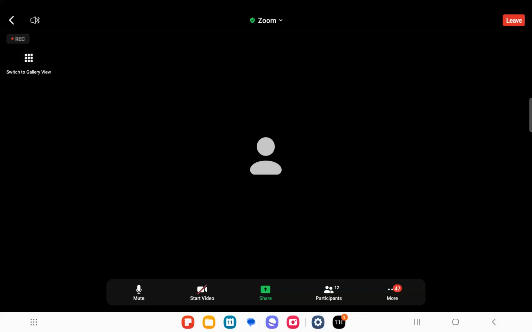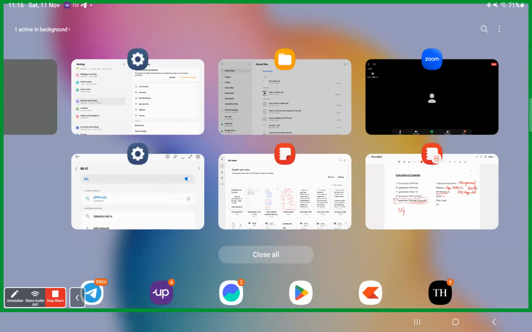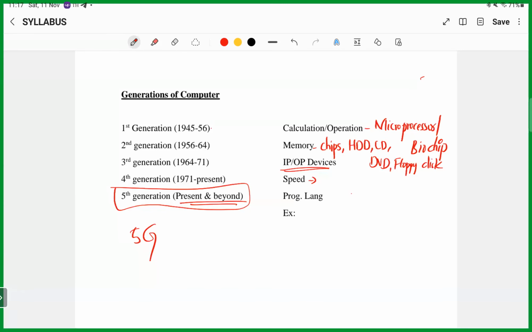Moving forward, a few more things are remaining about this. Fifth generation speed. You haven't discussed the speed yet. We call it femtosecond. What is the speed, guys? 10 to the power? How much?